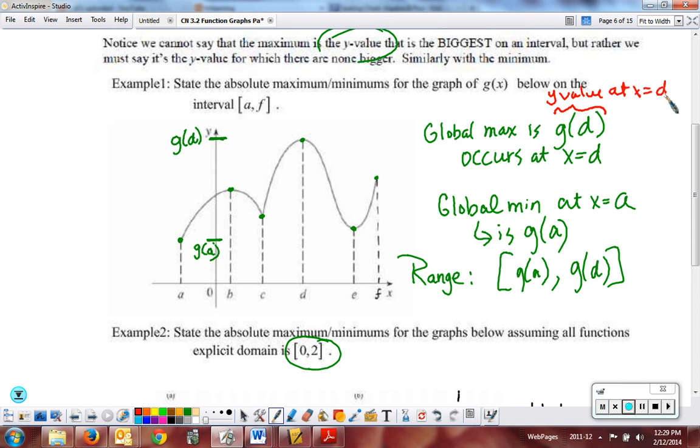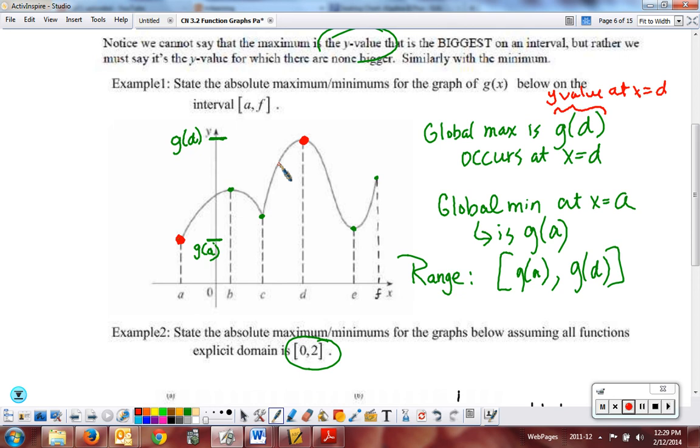That's our notation for the y value. The max value is the y value, and it happens to be at the x value of x equal to d. Okay? And then the global min, same reasoning. The global min is the y value at a over here. So that's the lowest on this function, and then the highest on this function.